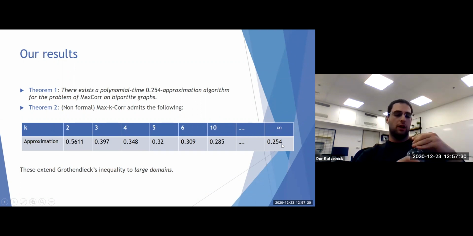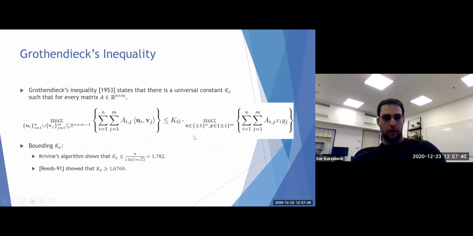Okay, and I want to talk a little bit about how these two problems actually extend Grothendieck's inequality. So this is the original inequality. And you can see that if you look at these vectors, x and y, they basically take values from plus and minus 1.